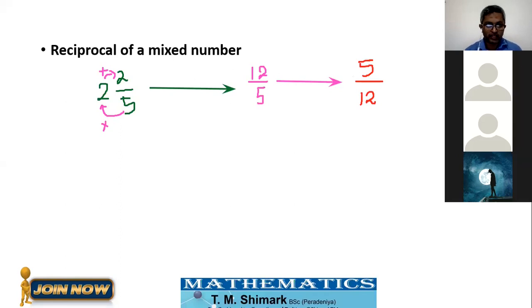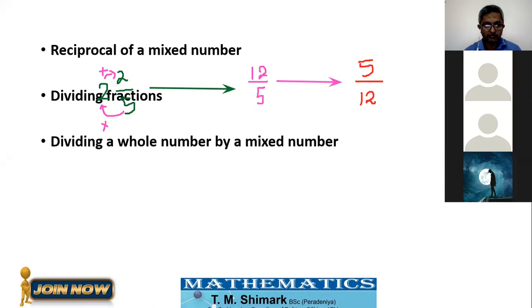So this is one example we did, and the next one was dividing fractions, right? Then dividing a whole number by a mixed number. We have to change it into multiplication. The first thing we have to do is change this into multiplication, right? That's the important thing that you have to do.